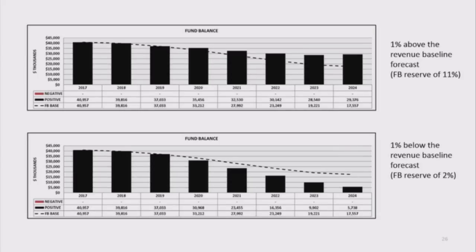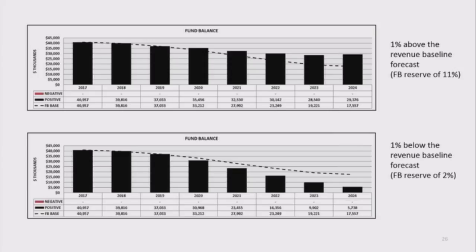I could have done a 10-year forecast, and maybe it would have been a little more positive because things do look better in the next 5 years. But as I mentioned, the forecast can vary. So I provided this chart showing how the forecast looks if my revenue estimates are 1% off.